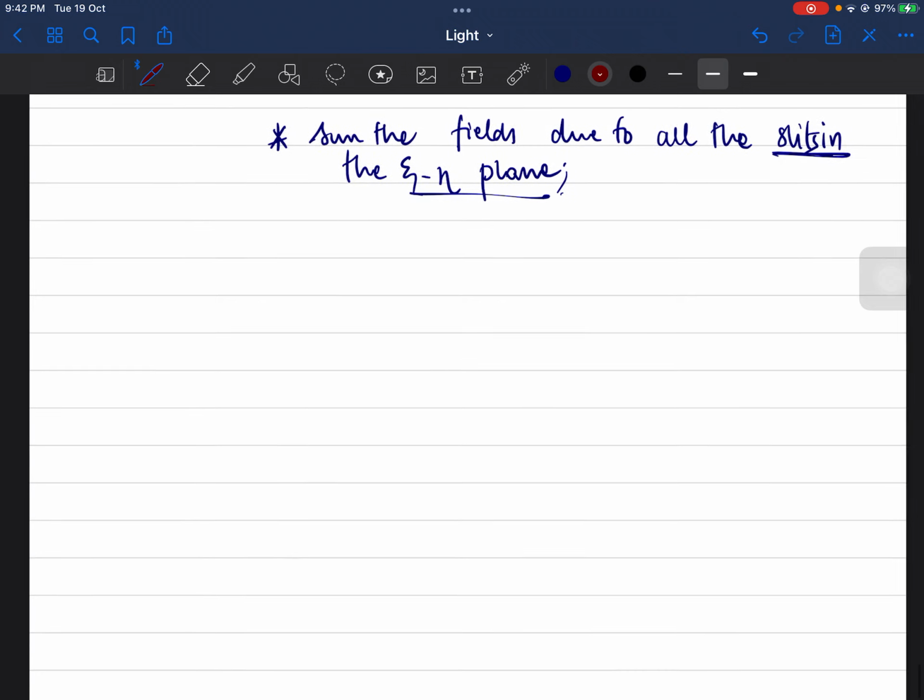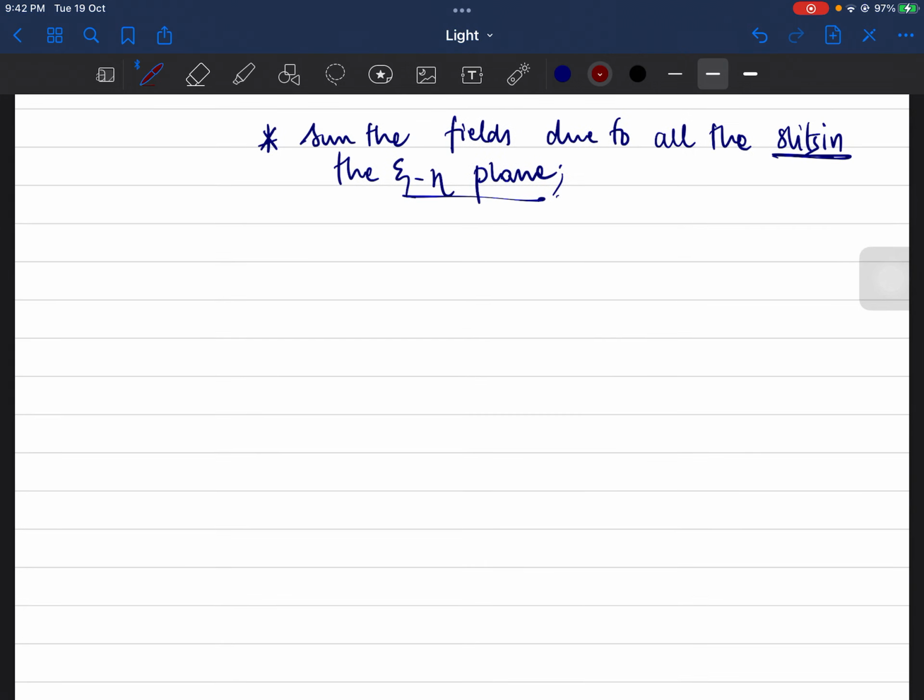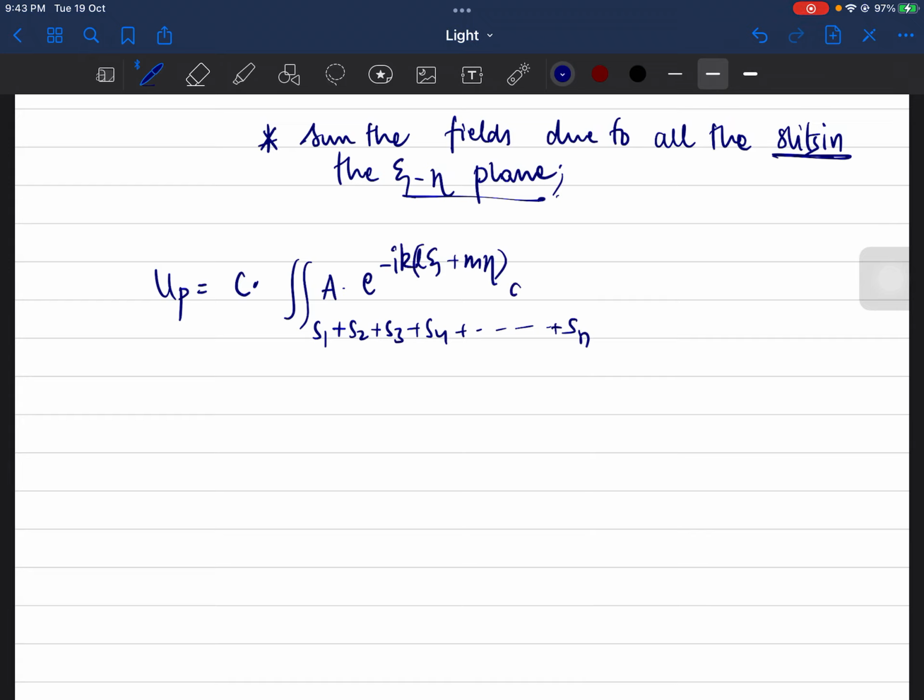How do you calculate that? It is simply, not simply per se, C times the integral over aperture 1, slit 1 plus slit 2 plus slit 3 plus slit 4 plus so on to slit n, of e to the power minus i k r, not exactly i k r, L xi plus M eta, d xi d eta.